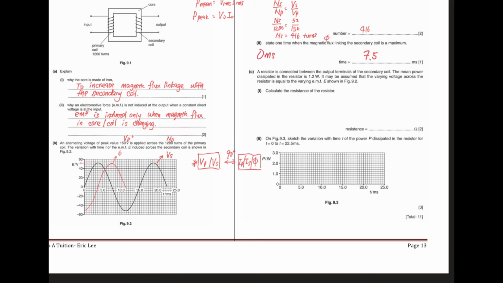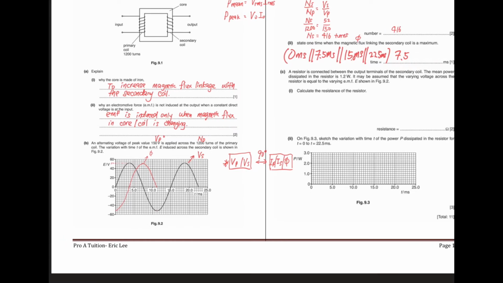Or even if you put 7.5 milliseconds or 15 milliseconds, they accept. 15.0 milliseconds or 22.5 milliseconds, they accept also. Okay, so for my case, 7.5.